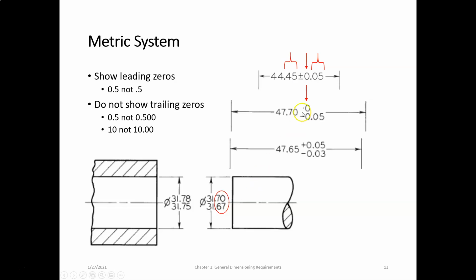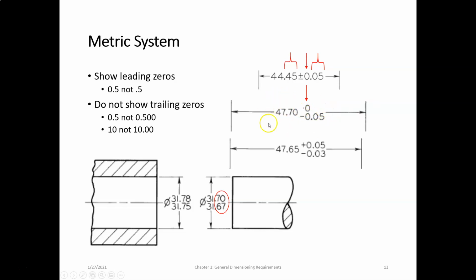The other rule breaker for the metric system is, and it's kind of a weird one, for unidirectional dimensions, right? We are not going to show the sign, and we don't show any trailing zeros.